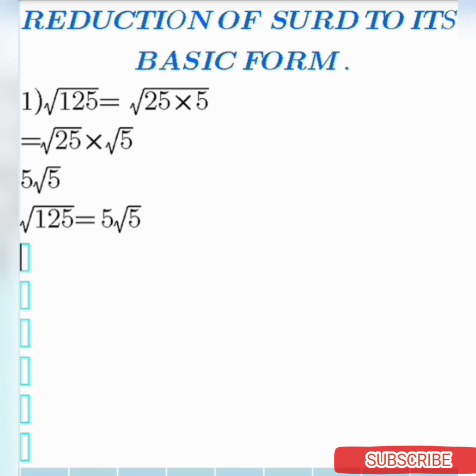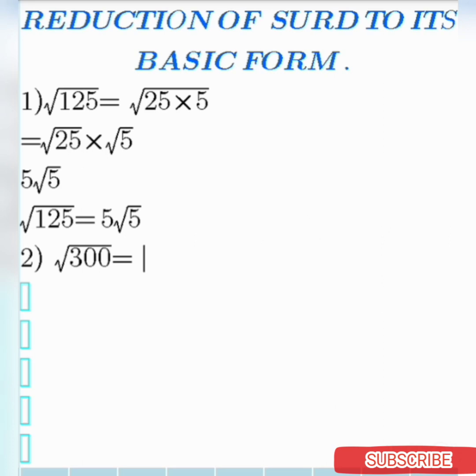So let's go to question number 2. In question number 2, let's say you were given an expression to reduce root 300. If they tell you to reduce root 300 to its basic form, you don't need to bother yourself. What you have to do here is to make one of these values a perfect square.